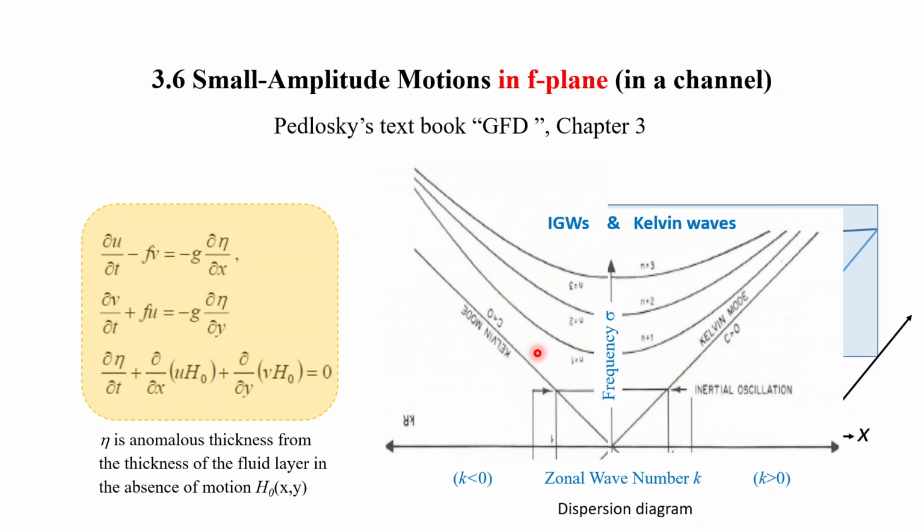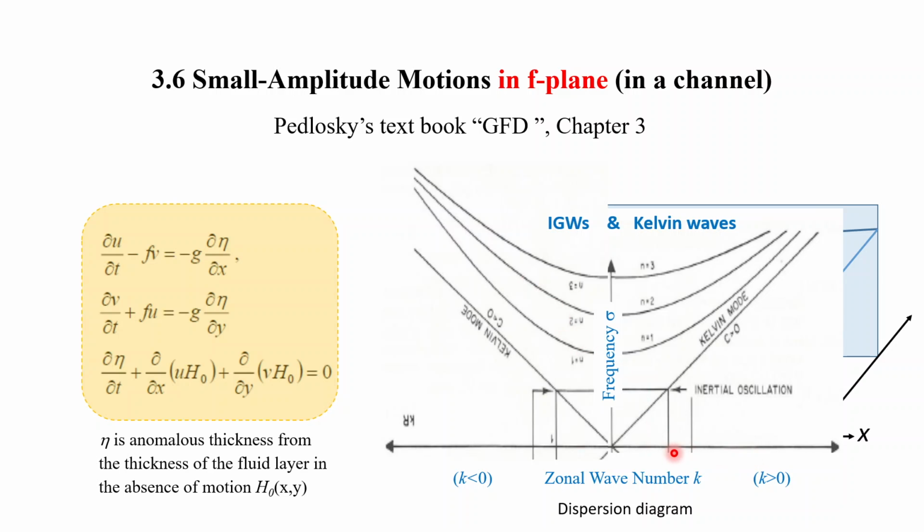This is the dispersion diagram for the wave frequency as a function of wave number, or wave number as a function of wave frequency. The set of curves for n equal to 1, 2, 3 are the eastward moving and the westward moving inertial gravity waves.